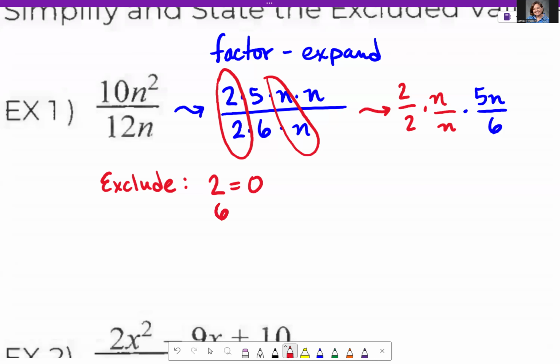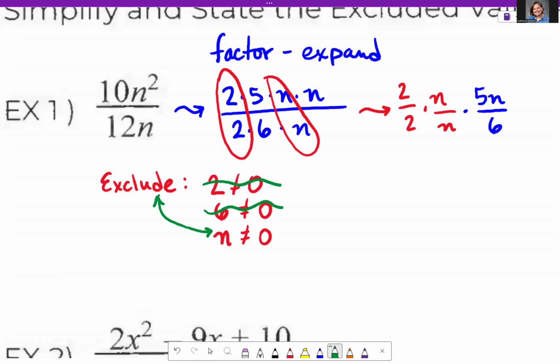And I have 6, and 6 can't be 0, and n can't be 0. None of the factors that I have here are allowed to be equal to 0. I'm not concerned that 2 is equal to 0. 2 is equal to 2, so that's not a problem. 6 is not equal to 0, so that's not a problem either. But n could be equal to 0. So this is what I'm excluding. I need to make sure n is never equal to 0.